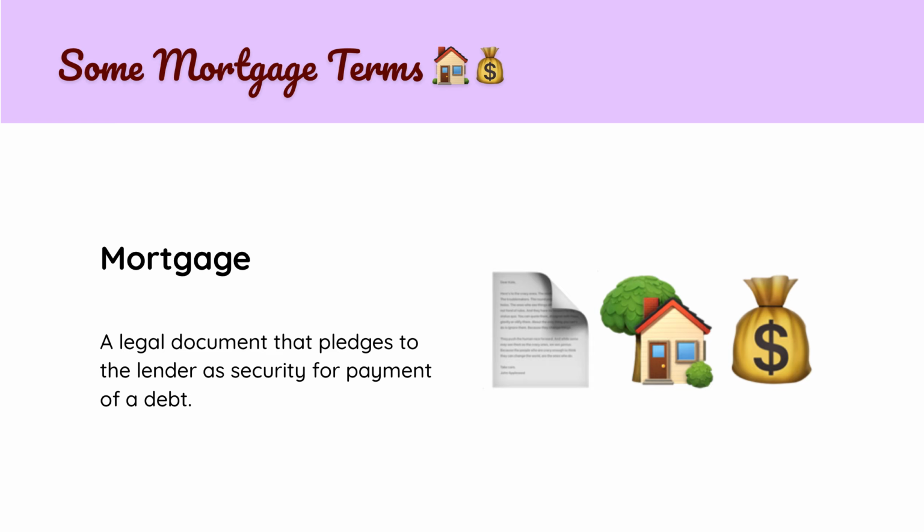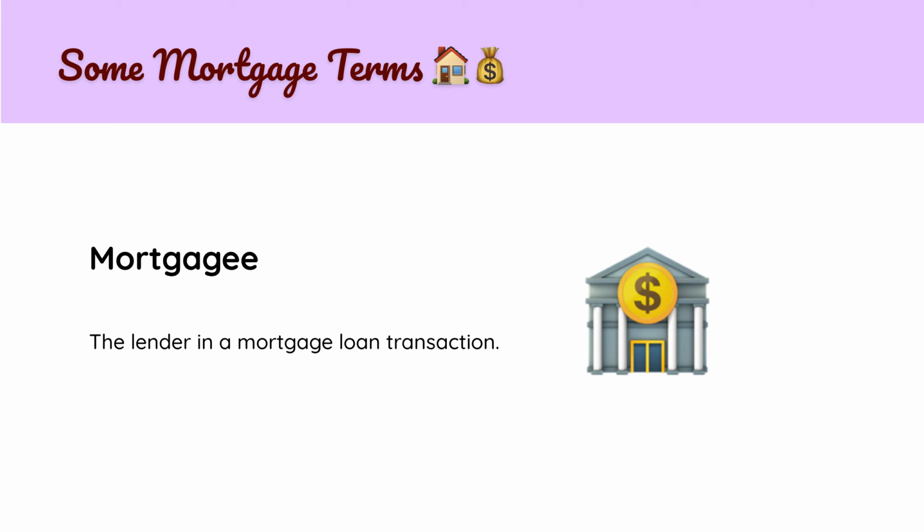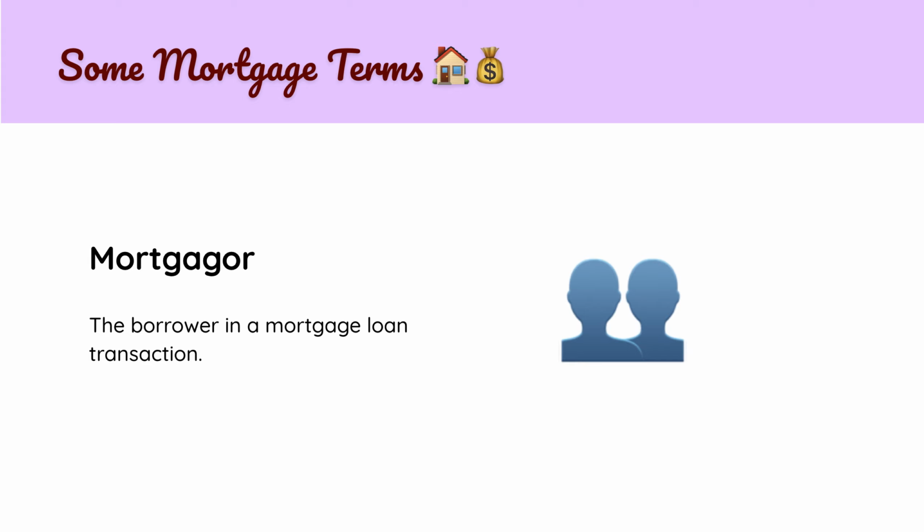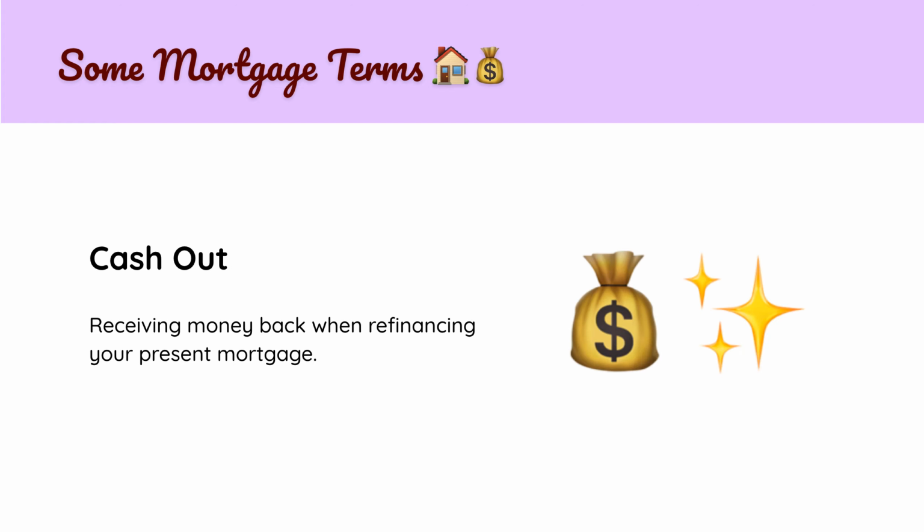Mortgage is a legal document that pledges to the lender as security for payment of a debt, so it is a document. Mortgagee is the lender in a mortgage loan transaction. It is pronounced mortgagee. The mortgager is the borrower in a mortgage loan transaction. And the last term I'm going to explain is cash out. That is when you receive money back when refinancing your present mortgage.